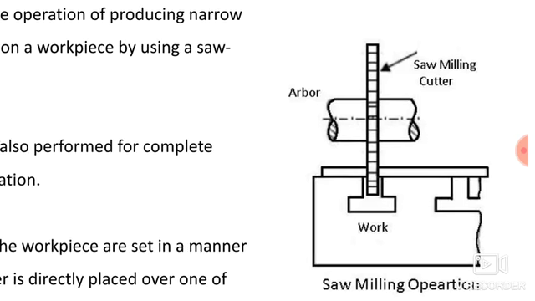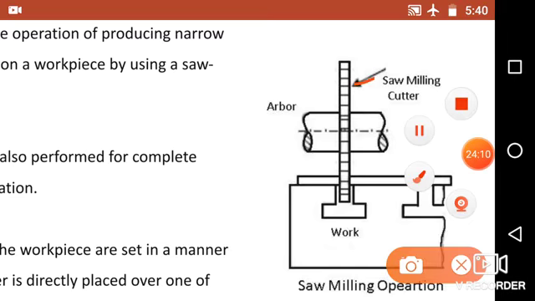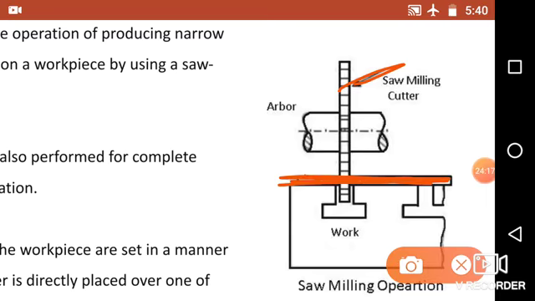So the cutter is mounted over the arbor, and this is the workpiece. Here I am showing this is your cutter, and this is the workpiece which is placed over the table. Now you can use this saw milling cutter for parting. You can break this workpiece into two pieces.